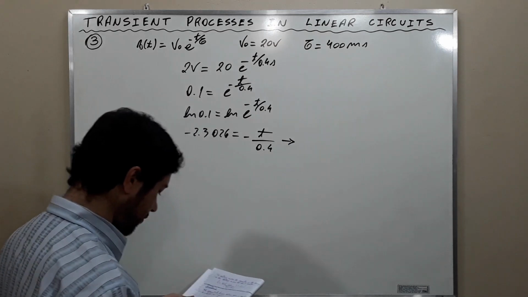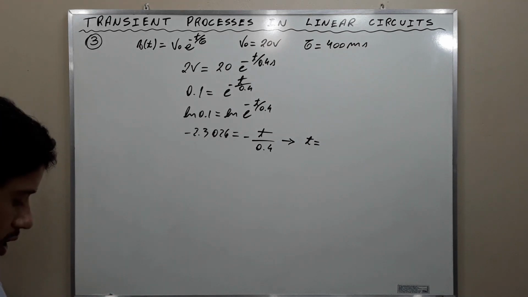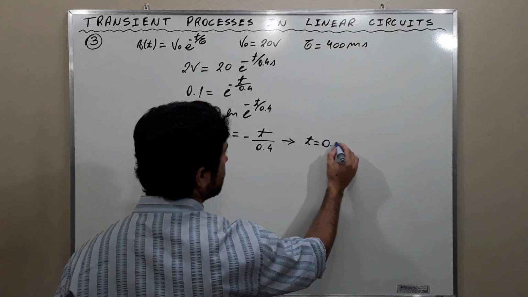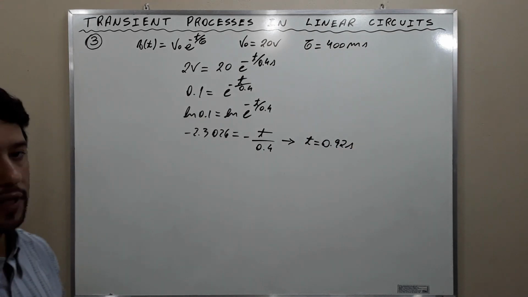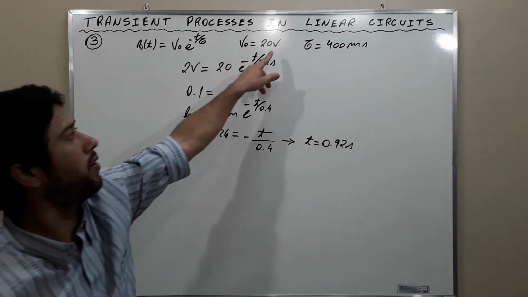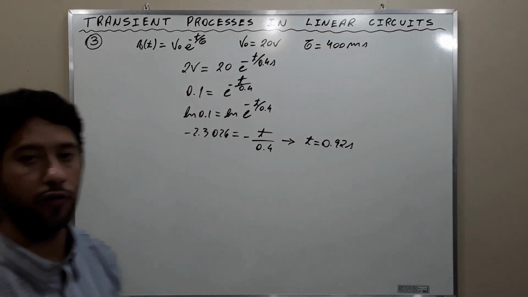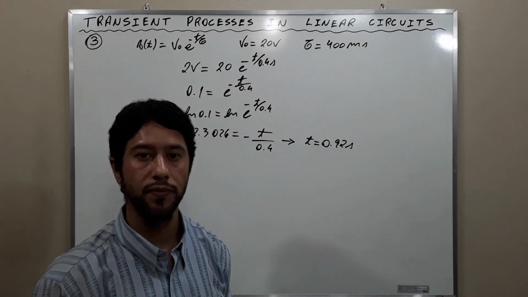And ultimately we find that the time it takes for the decaying voltage to reach 2 volts is 0.92 seconds. Okay? This is the time it takes to go from 20 volts to 2 volts. Alright, my friends, this is all for exercise 3. Let's go to exercise 4.